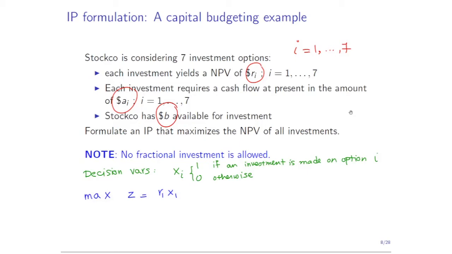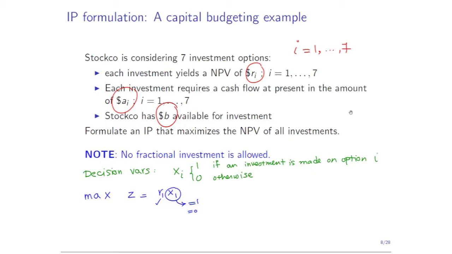So if x1 is 1, this is the money that I will receive. If x1 is 0, then I will receive nothing. This is the way the revenue from project 1 should be represented based on my decision.